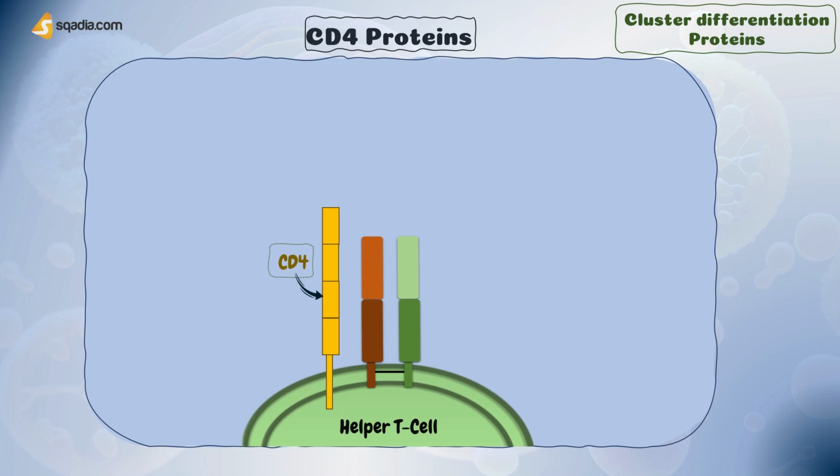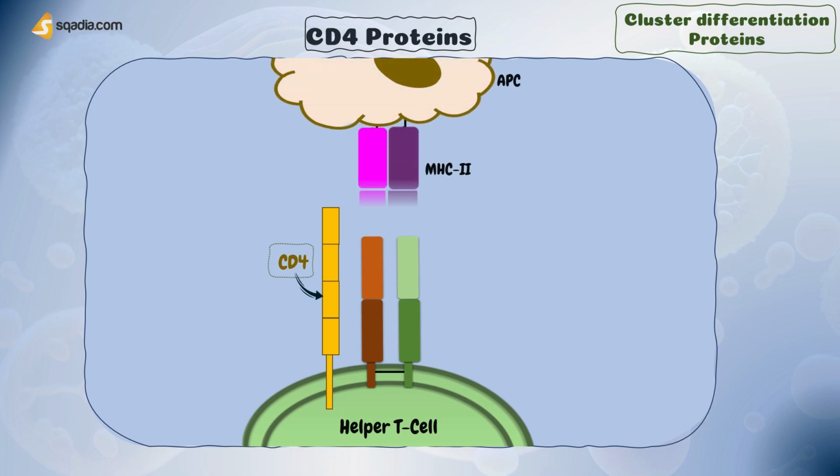cells. This CD4 interacts with major histocompatibility complex class II or MHC2 molecules and contributes to antigen recognition and immune responses. CD4 serves as a coreceptor for the T cell receptors, enhancing the sensitivity of T cells to antigen presentation.